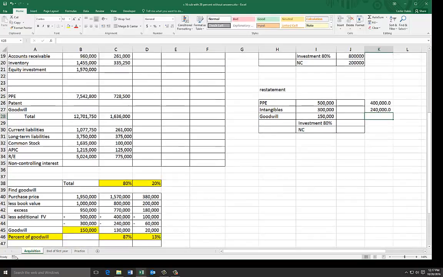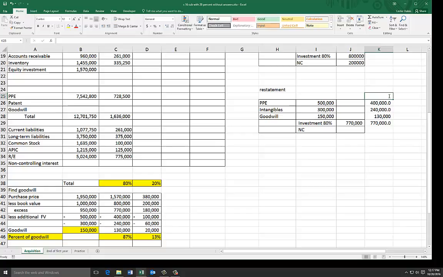But when we get down to the goodwill, we're going to take the 87%. That's less than we might have expected, or more. We're going to sum those up, and that is going to be the amount that I am going to credit here.